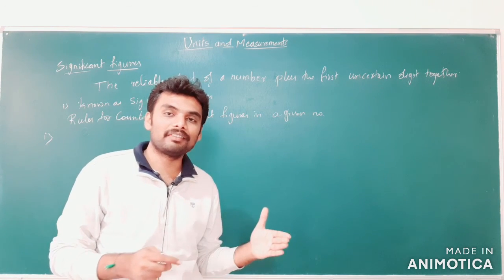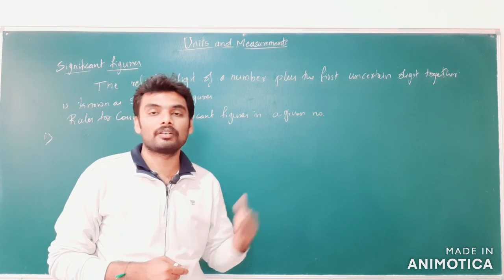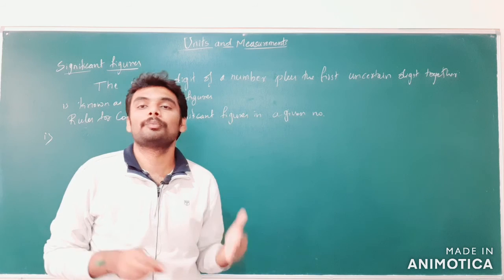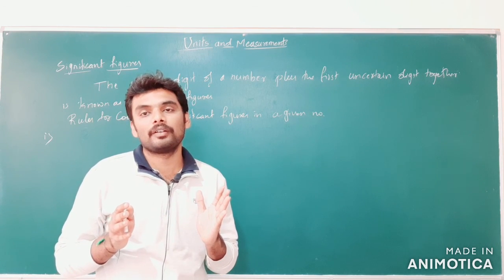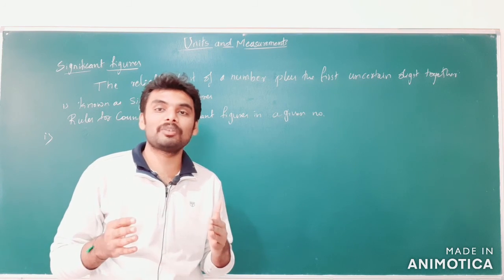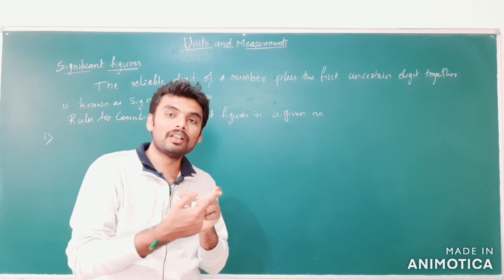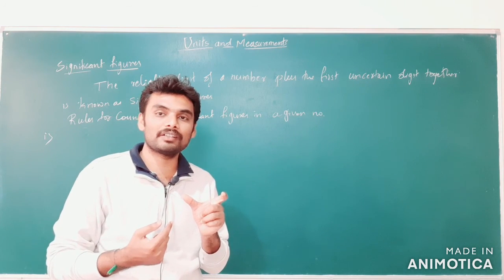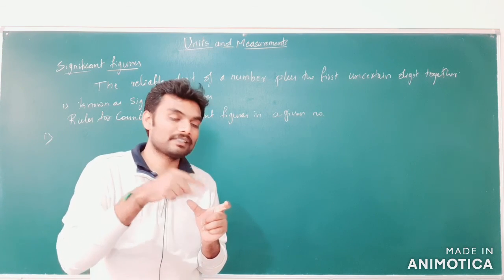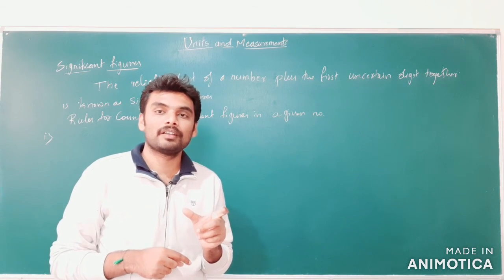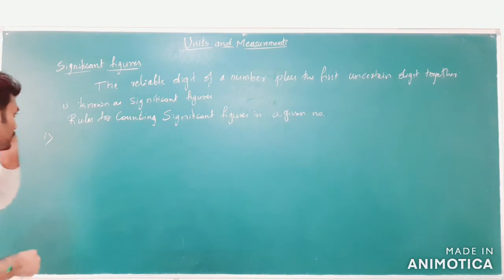If I'm measuring the length, 3.56 centimeters or 5.892 meters. These are the measurements that we have. In that measurement, again, not all the digits are significant. There are uncertain and insignificant digits included in that. So we should now see the rules for counting the significant figures.